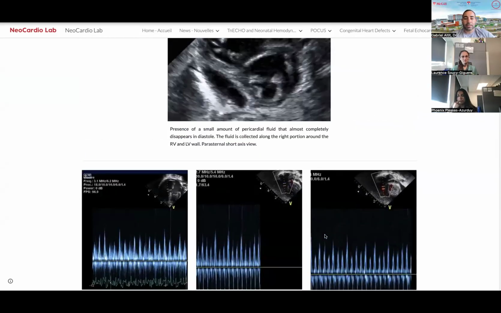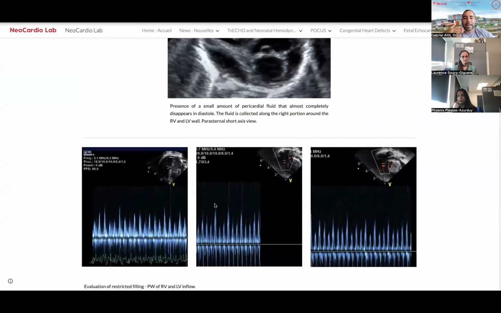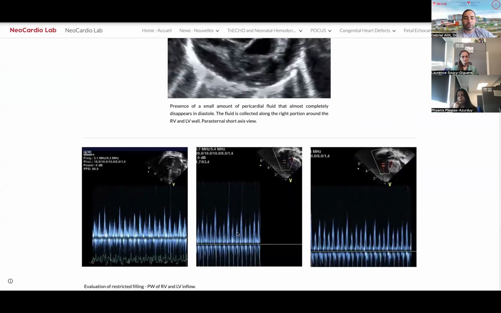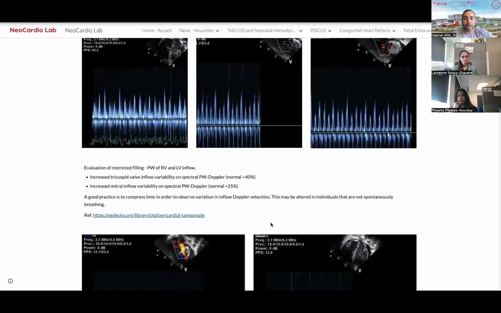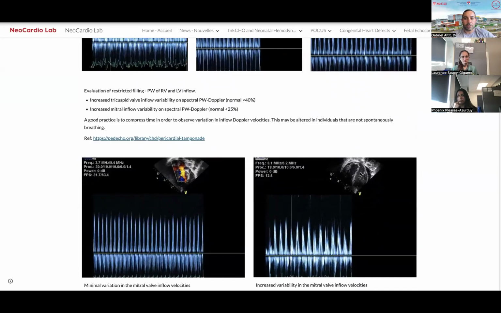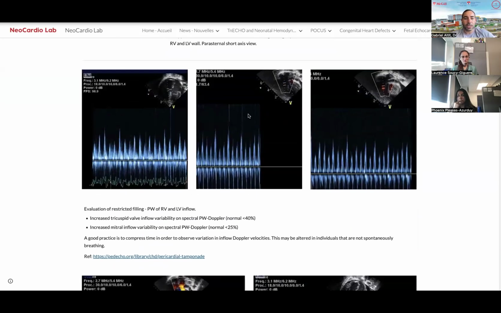The other thing that we sometimes see is that typically you don't get a lot of variation in the inflow velocities of your RV or your LV. So this is the LV, this is the RV. Most patients will not have a lot of variation in these velocities.